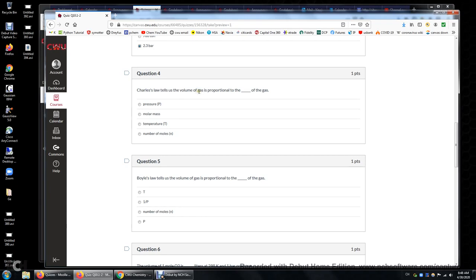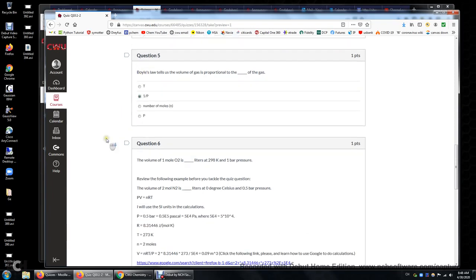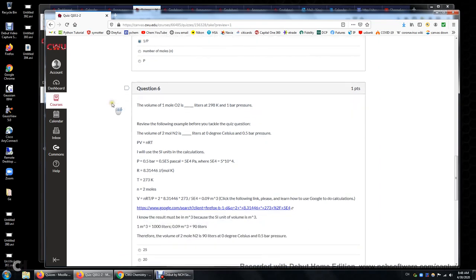ABC are the Avogadro's law, Boyle's law, and Charles' law. So ABC, NPT, therefore just pick temperature. Again, ABC, NPT, so it's going to be 1 over P. It's not P. The higher the pressure, the smaller the volume. You can squeeze a balloon just to verify this.